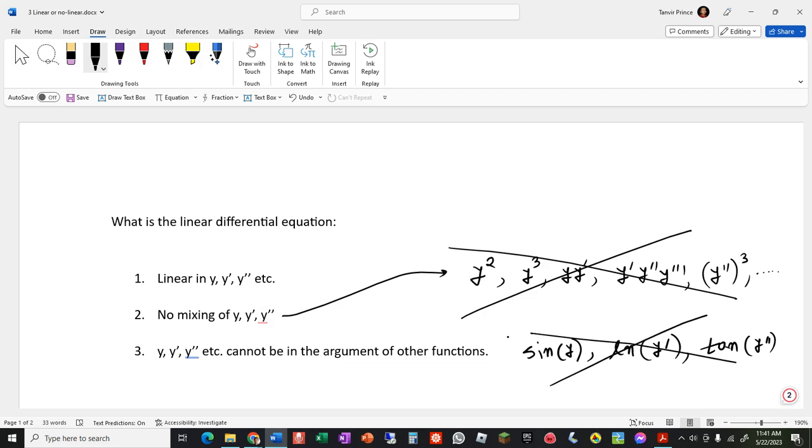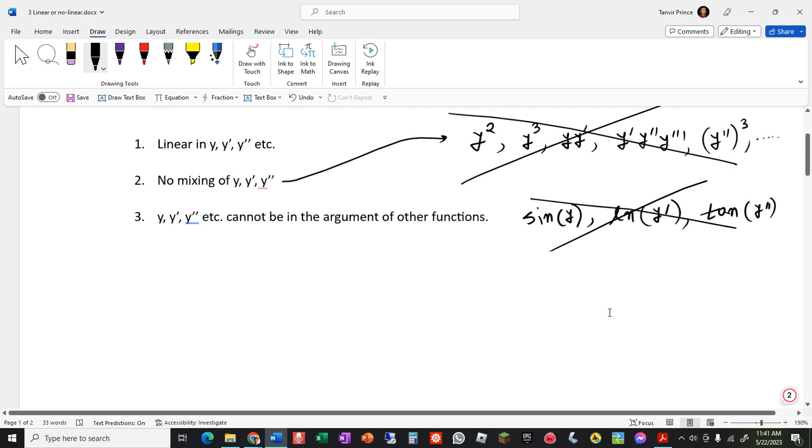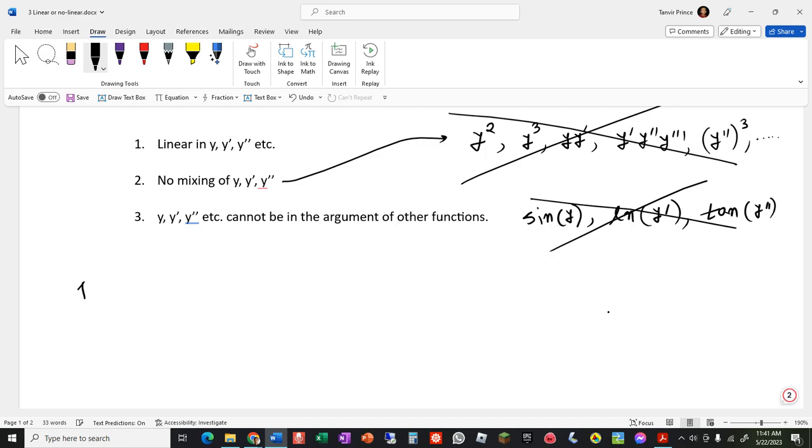So at the end of the day, all this means that for the first order linear, the first order means you only have the first derivative and less. Remember the order, we went over that in the last video. For the first order, you can combine all the terms that have y prime together.